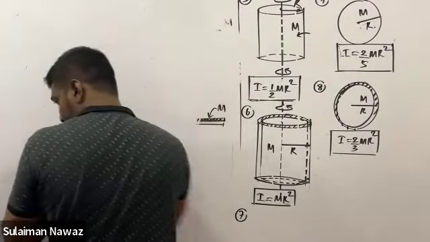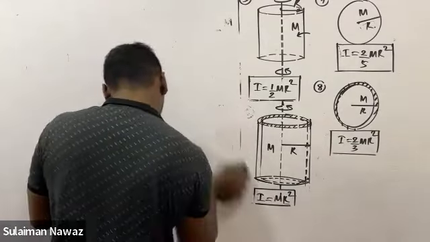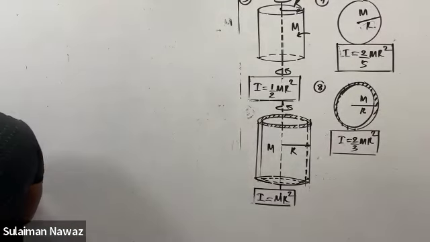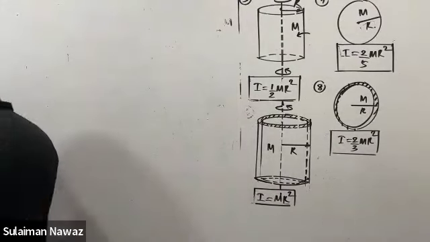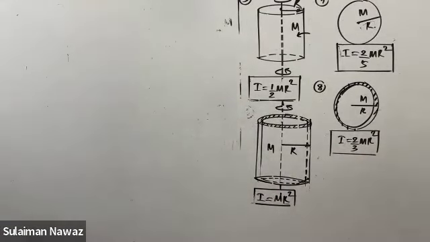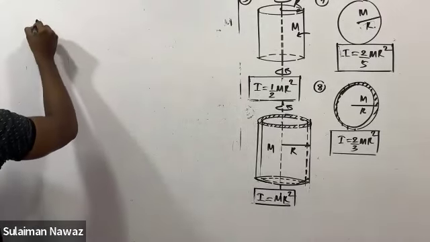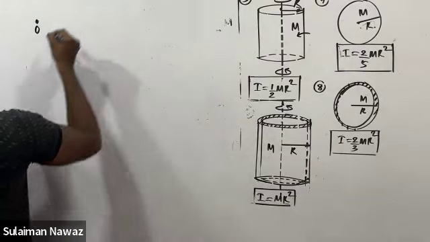Look here. Now just think, this is your axis, point O. Now there are many masses.